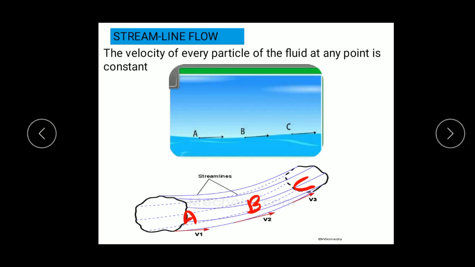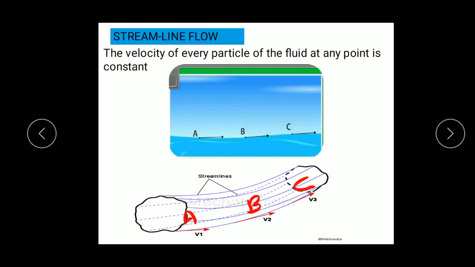Now V1, V2 and V3 are the velocities of the particles at A, B and C respectively. That means the velocity of the particle at point A is V1, at point B is V2, and at point C is V3.